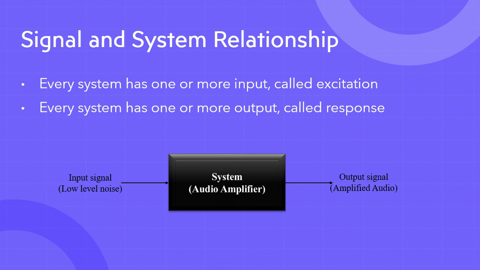For an example, we have taken a system here which is nothing but a simple audio amplifier system. We have discussed in the previous slide that amplifiers are systems. So what will be the input signal to the audio amplifier? The low level audio signal will be the input signal for the audio amplifier.